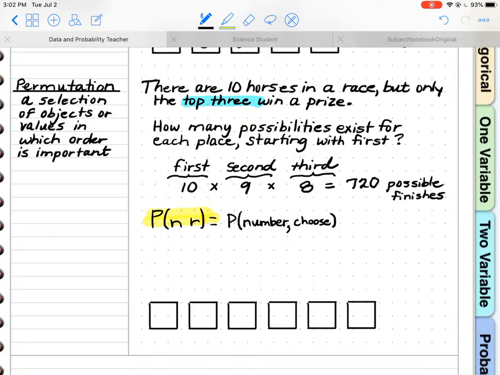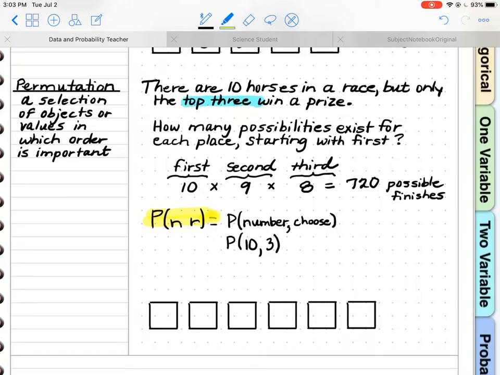So what we're saying is that P, permutation of 10, and how many do we want to choose? 3. There are 10 horses, and we're choosing the top 3. All right? If you can get that set up, you can do this on your calculator, and that's why I'm going through all this.